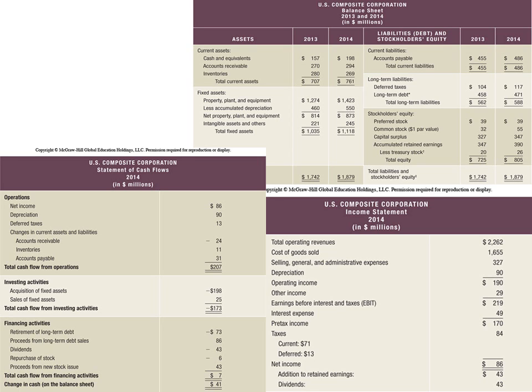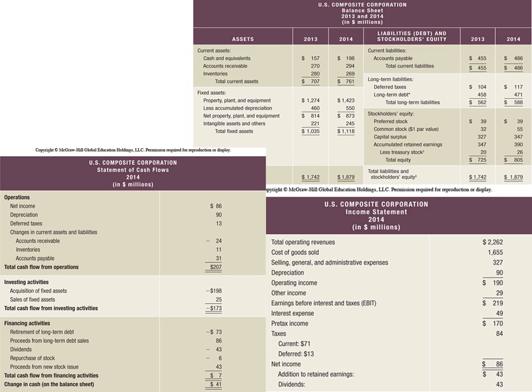So what we need to do here is see what is the net effect. And I'm saying that negative 73 plus 86 is positive 13. In other words, our long-term debt on the balance sheet should have gone up by 13. And it did. It went from 458 to 471.